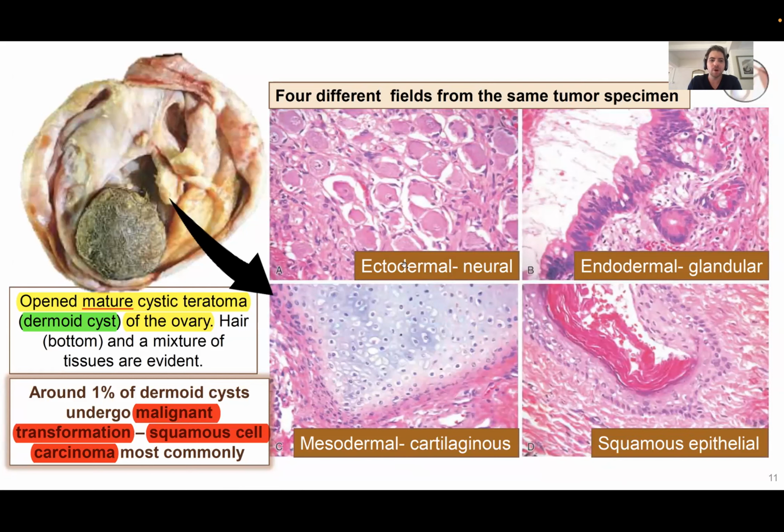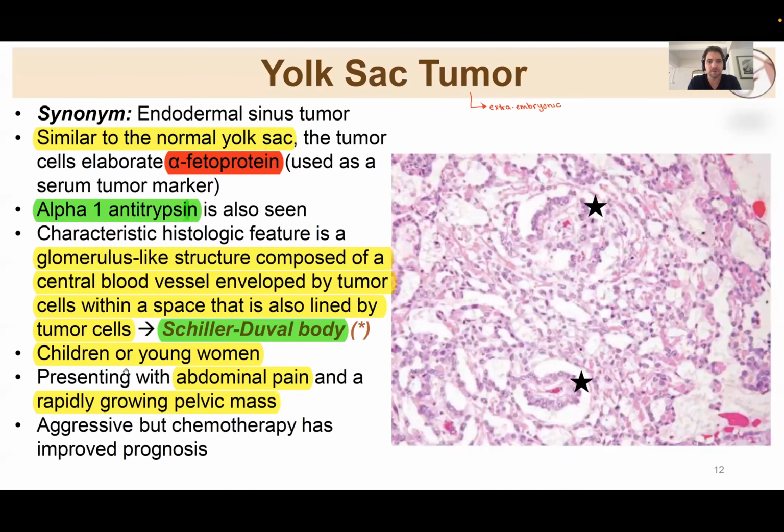So they could have all three components, and you can end up getting hair and teeth-like structures there. So again, teratomas can have all three germ cell layers. Can transform to squamous cell carcinomas, 1%, so not super important.